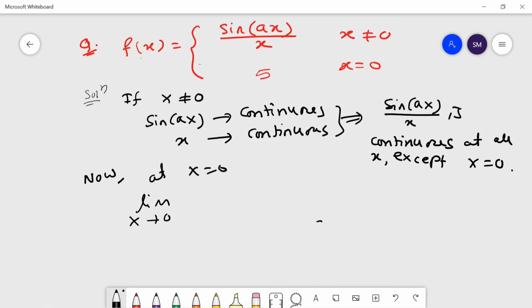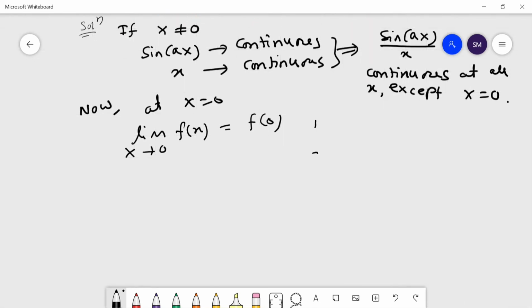Limit x tends to 0 of f of x is equal to f of 0 if limit x tends to 0 of sine ax over x is equal to 5. This implies, so what is this limit?